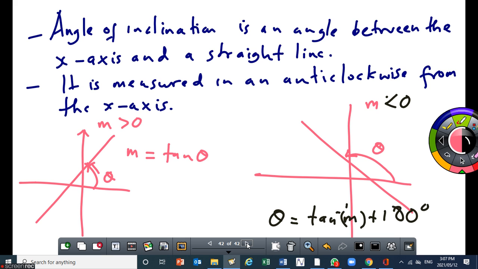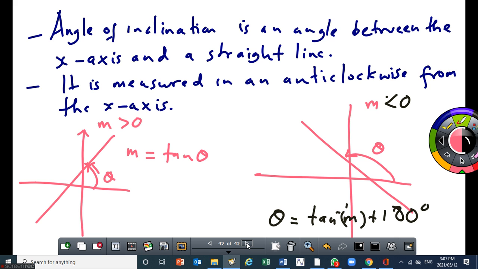The gradient of AC is equal to minus 7 over 2. Therefore, beta is going to replace this theta in this formula, because in the diagram I already have theta. So I can't use theta twice. You follow what I'm saying?